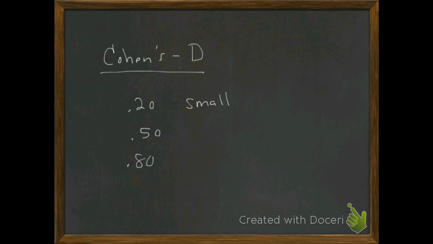So 0.20 gives us a small effect. 0.50 gives us a medium or moderate effect, and 0.8 gives us a large or high effect. So these are the benchmarks to make these calculations.